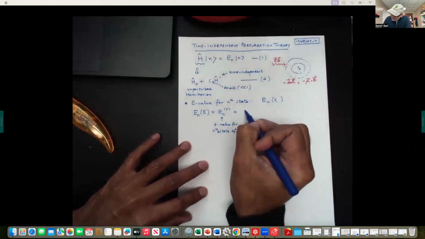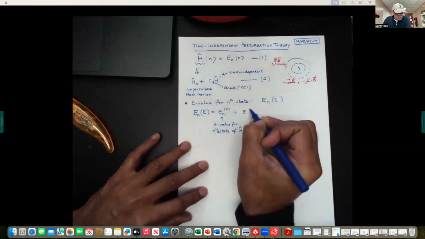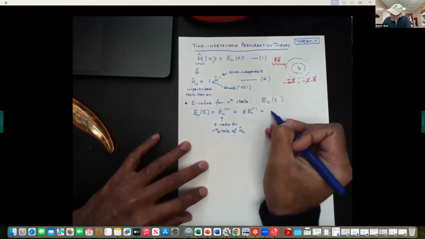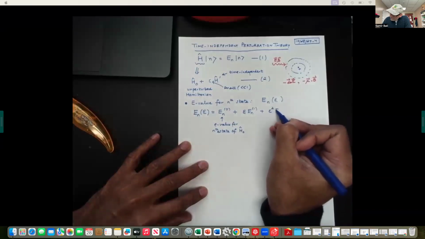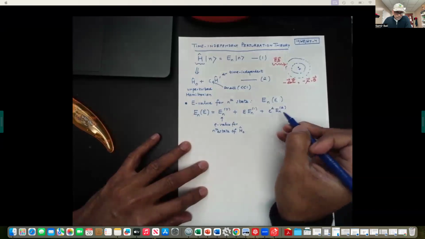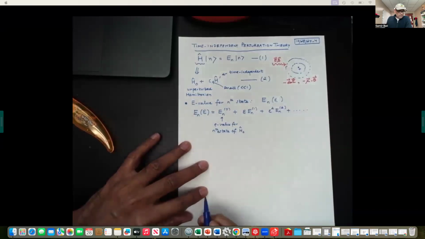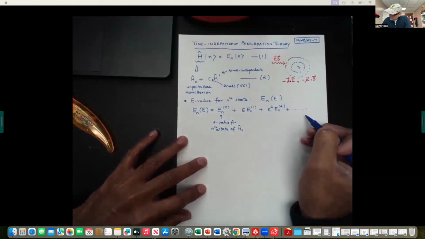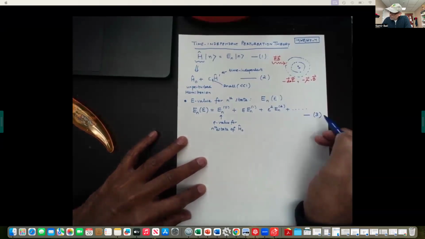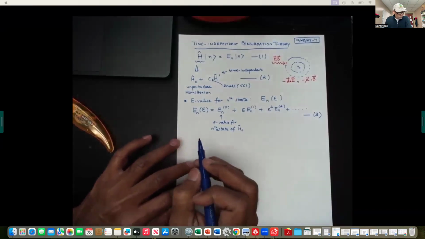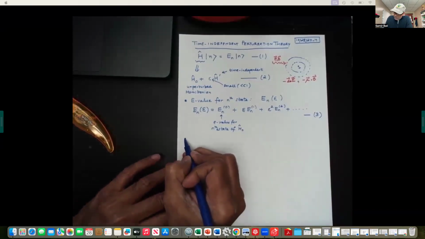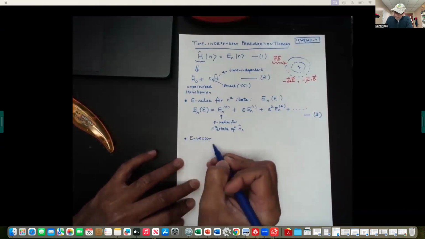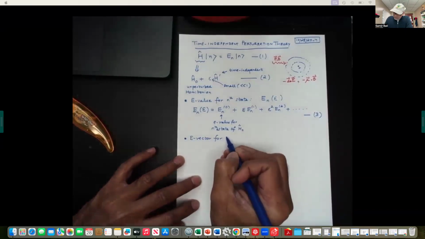But now you have some first order correction like that, and then there may be a second order correction, and so on. So perturbation theory is approximate by definition. But because it is small, we can make very powerful approximations. Okay, then the next thing is, what about the eigenvector for the nth state?